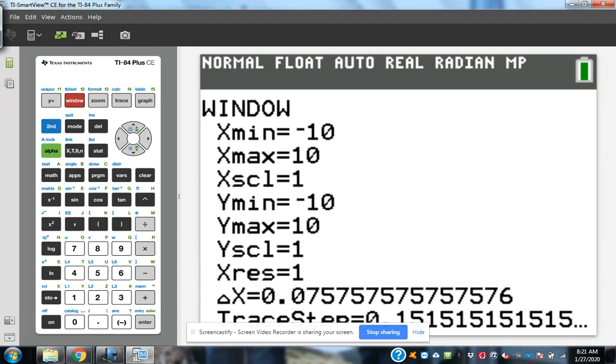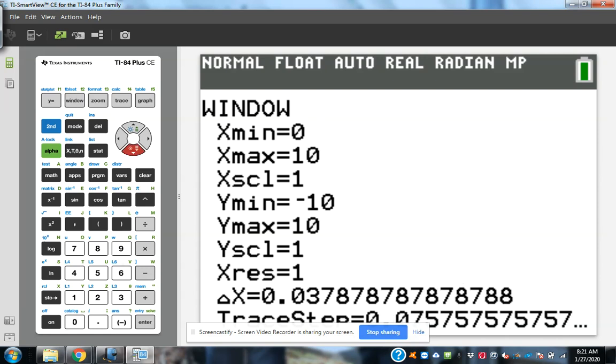I'm going to hit the window button and our X minimum. What would be the minimum number of years? 0. Yeah, X min could be 0. I'm going to leave the X max at 10, even though we know we're depreciating it over 7 years. I think 10 gives us just a little bit of space so we can see what's going on. And my X scale, I can go by 1.